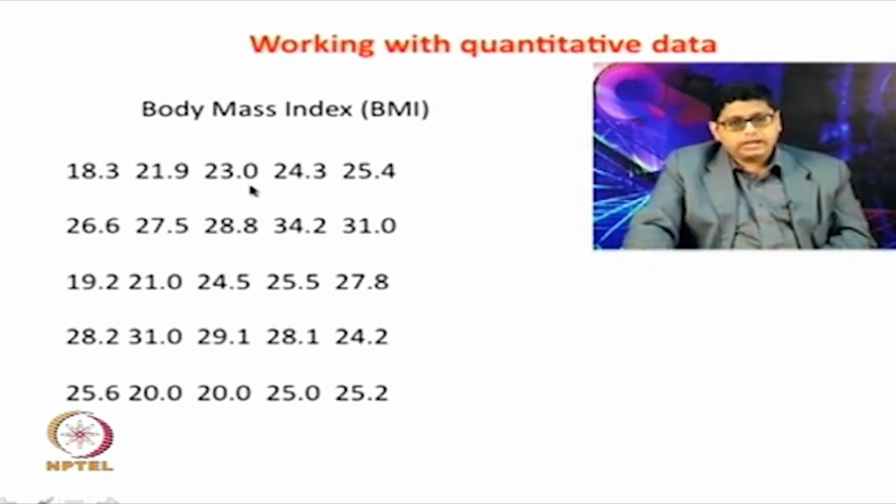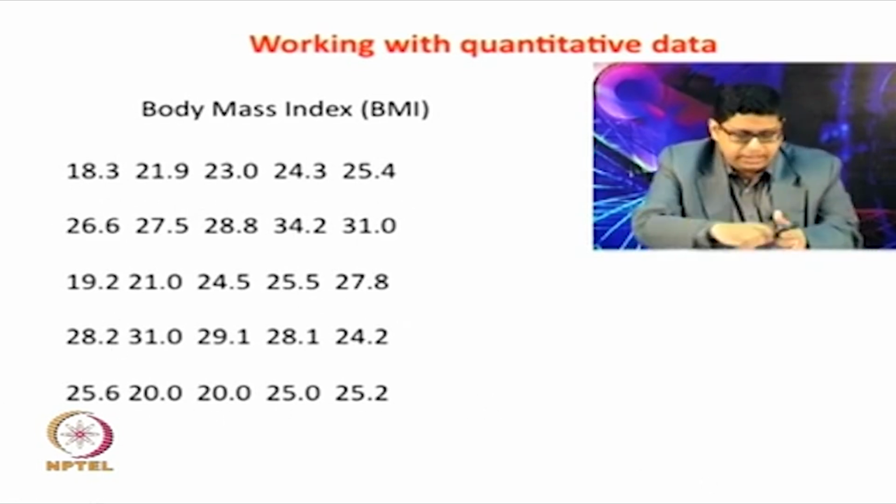So, identifying categories A, B is perhaps not the good way, because it is not a discrete quantity, but a continuous quantity. But what you can do is identify the range. In order to identify the range, we want to know the smallest value in this population. I can go through this list, and I think the smallest value is 18.3.